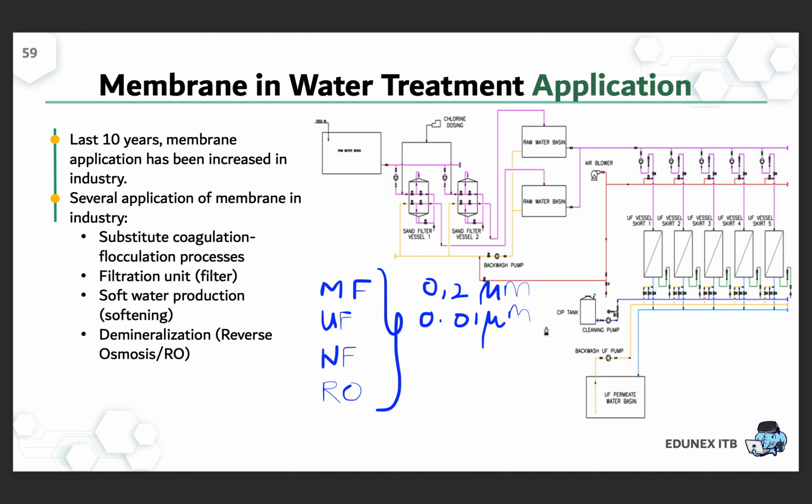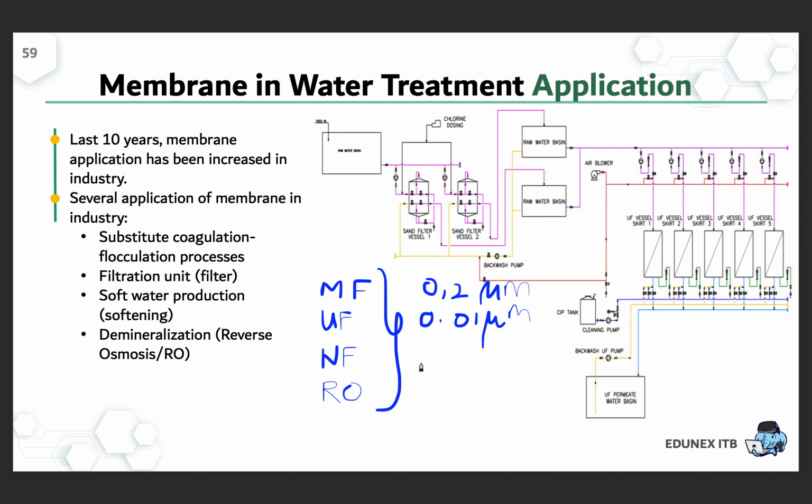The ultrafiltration can be used to separate humic acid, please google what humic acid is, silicate, and also several ions, because the pore size range is quite wide. If we have ultrafiltration with a tight pore size, we can also use that to remove calcium and magnesium to a certain extent.